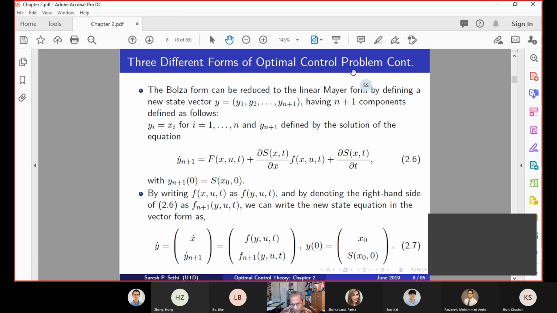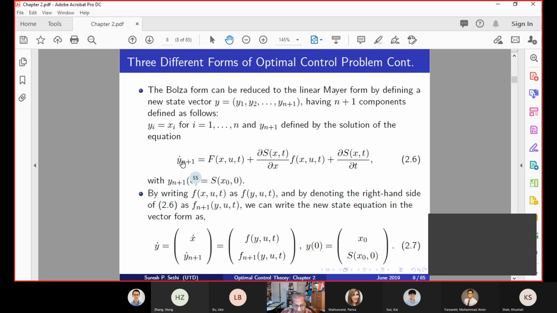So we define a new state vector, y1, y2, up to y n plus 1, where the first n components are the same as x i. So y i is x i up to n, and then I have a new additional variable y n plus 1. Okay, so that got it.